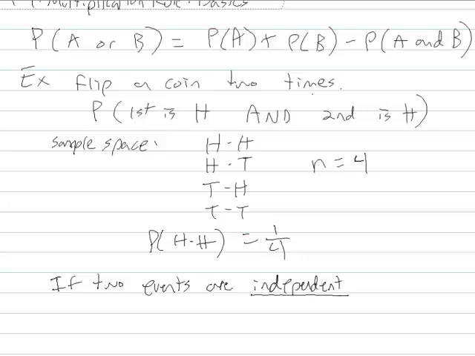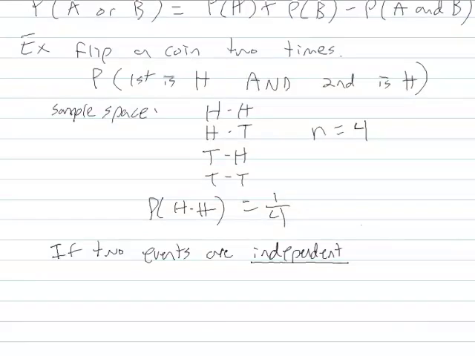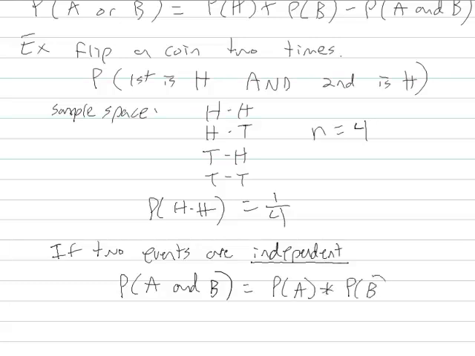In this case, the second flip of the coin doesn't depend on what the first flip was. It has no effect on the second one. But we'll come back to independence later. If 2 events are independent, which these are, then the probability of A and B is equal to the probability of A times the probability of B.